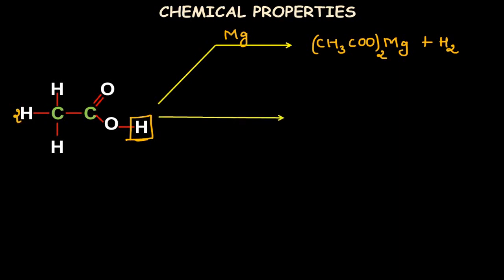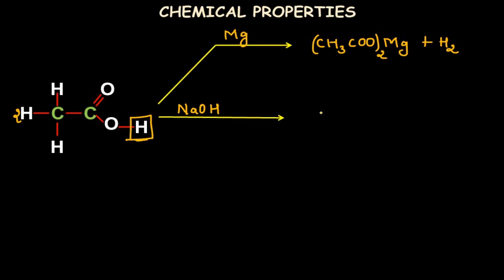Going ahead with the next reaction, say an alkali like sodium hydroxide. We can also take a metal oxide, suppose sodium oxide, which shows a similar reaction, but let's take the example of the metal hydroxide, sodium hydroxide.